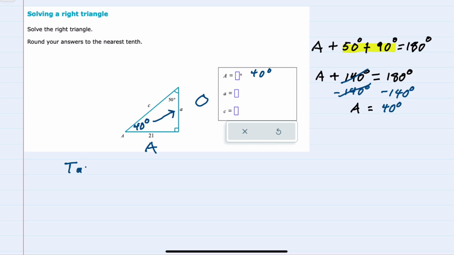The tangent of 40 degrees is equal to the opposite side, which is that little a, over the adjacent side, which we know is 21.